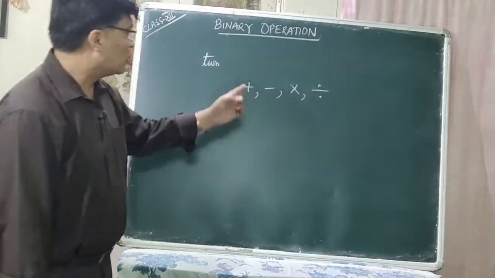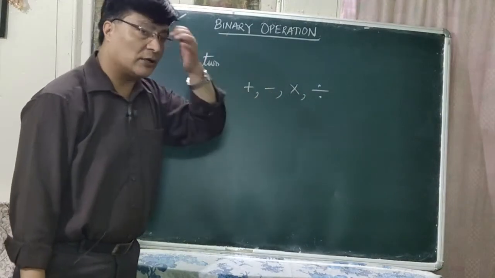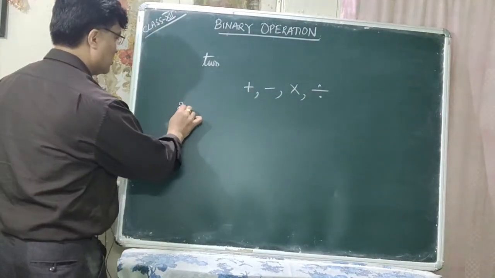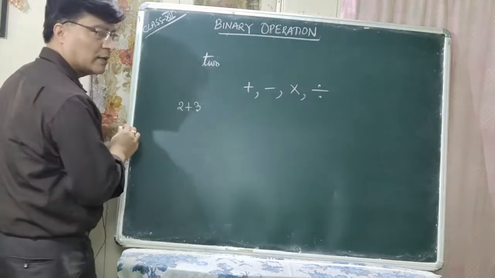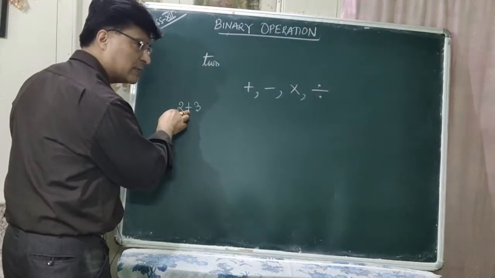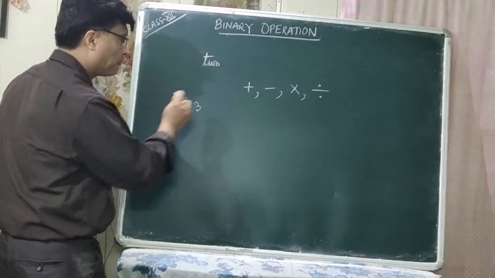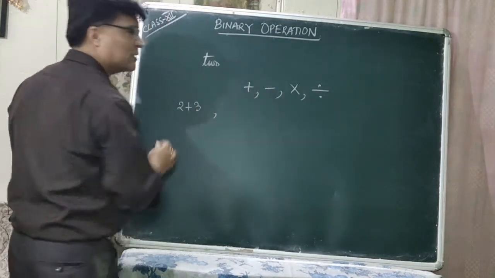operation. So this operation is done on two numbers, like 2 plus 3. It may be this minus sign.